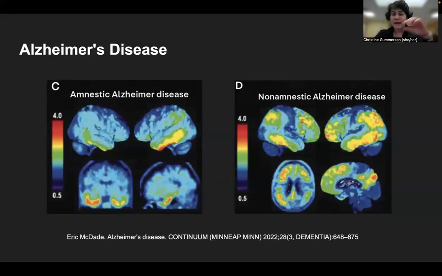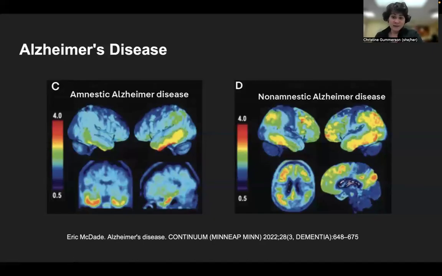So in the amnestic Alzheimer's disease and the non-amnestic Alzheimer's disease, on the left side for C, amnestic Alzheimer's disease, we see that those hippocampi are lighting up, right? They have lots of tau in that area, and we won't get into the complexities of that, but that's just to say we know there's pathology in the hippocampi.